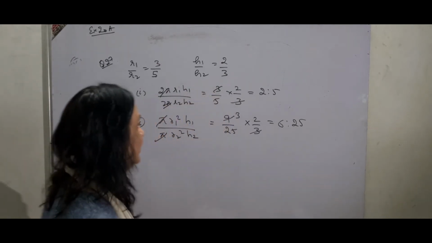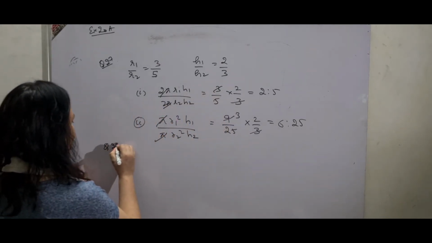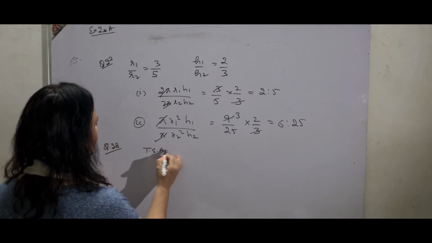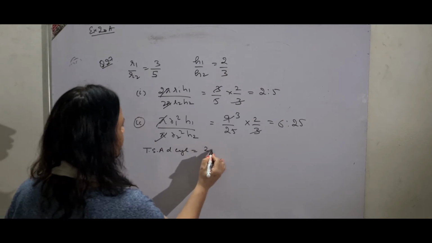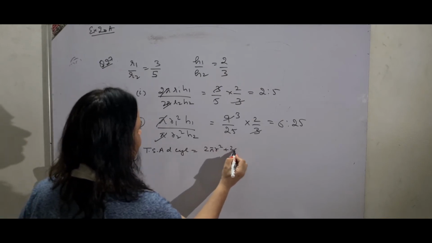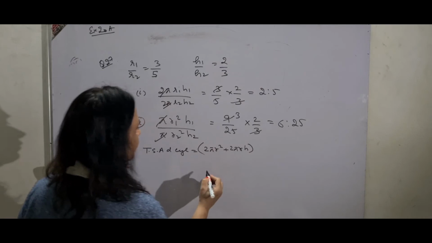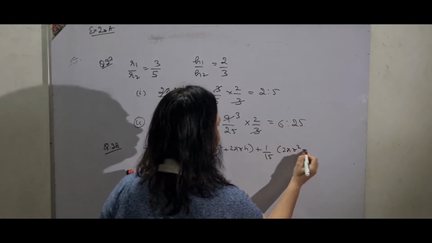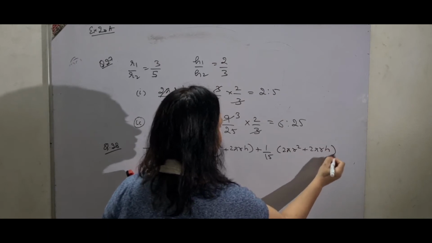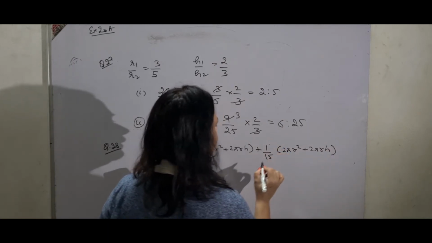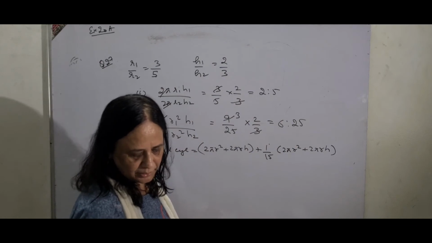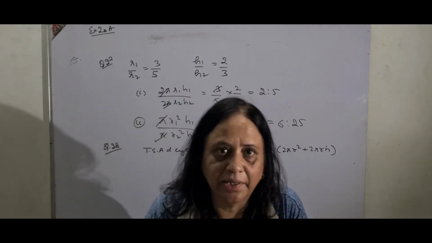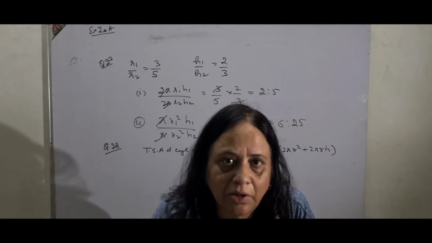So the total surface area of the cylinder will be 2 pi r square plus 2 pi r h, plus 1 by 15 of 2 pi r square plus 2 pi r h, because 1 by 15 is used extra, or it was wasted in making the tank. So I hope you understand how to do it.